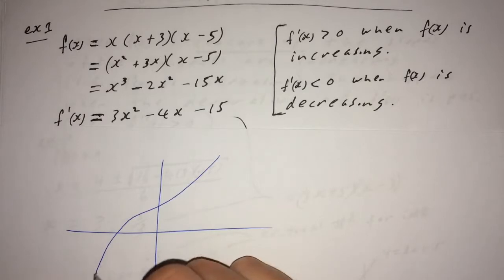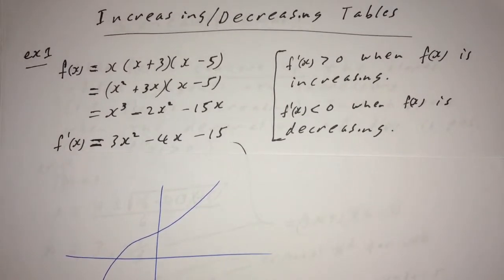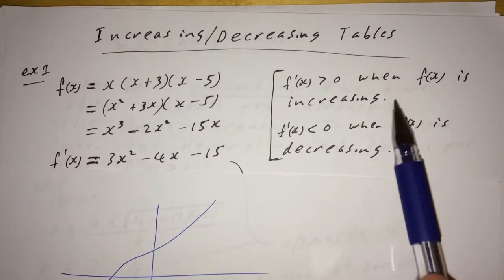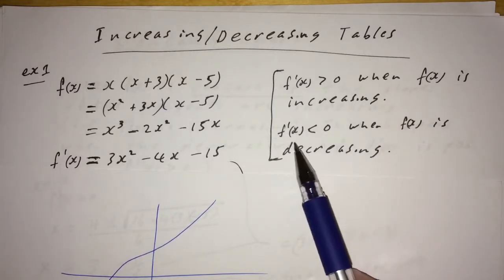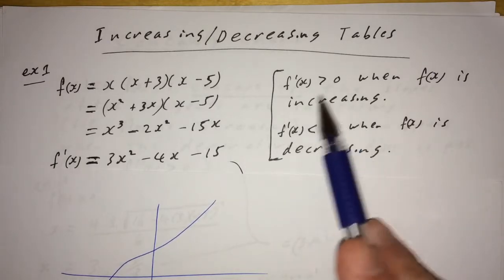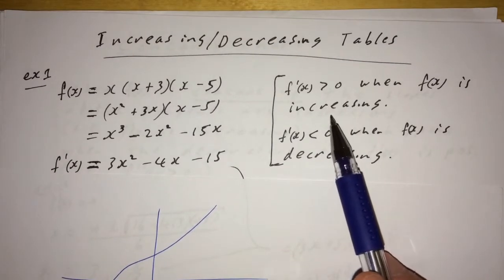The slopes are always positive. So when we're looking at when a function is increasing, we're looking at when the derivative is greater than 0. If it's decreasing, then the slopes of the tangents are negative and the derivatives are less than 0. So we're really solving some inequations here.